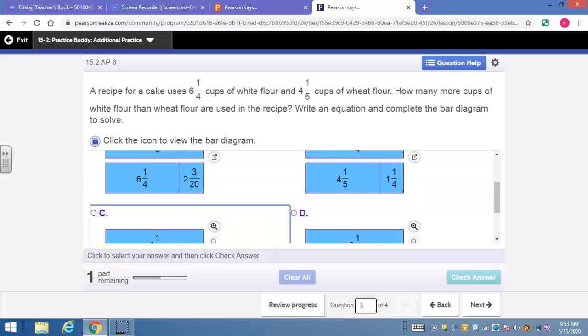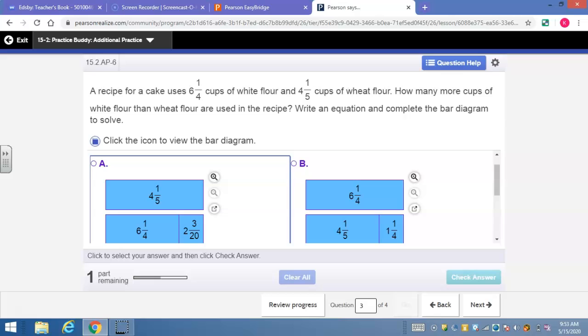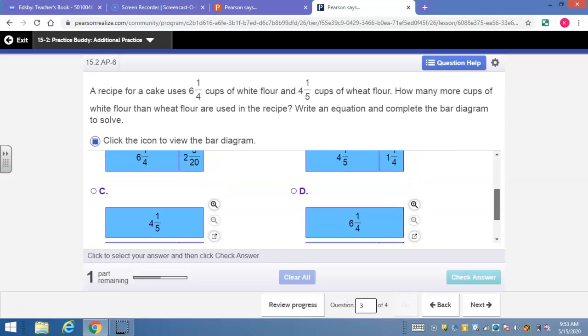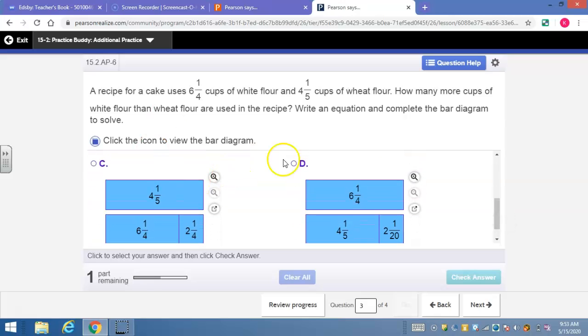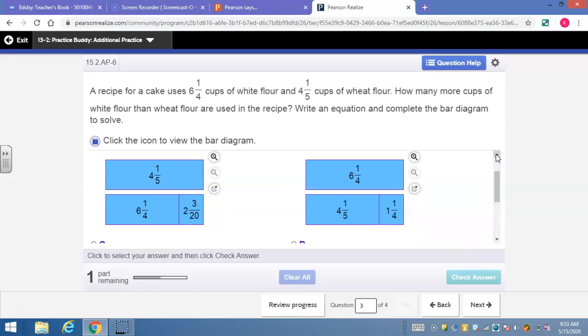And I can also eliminate A because again, you see how the 4 is bigger than the one with the 6? No way, okay? So basically, I'm between B and D for my answer choices, excuse me. So now I have to figure out if the difference is 2 1/20 or if my difference is 1 1/4.